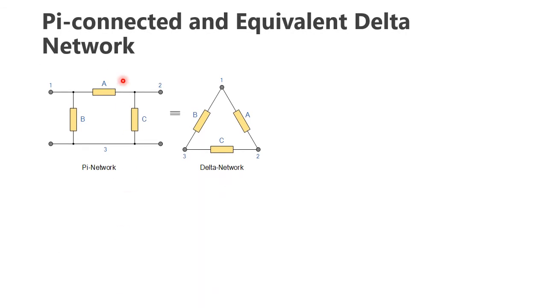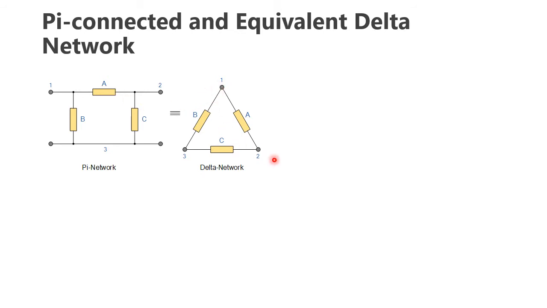Previously we analyzed the star T network. Now we are going to move to the pi delta network. In the same way, this pi network can be transformed into the delta network. I am going to mark the points: point 1, point 2 and point 3. Here there are three resistors A, B, C. Point 1 to 2, resistor A is connected.